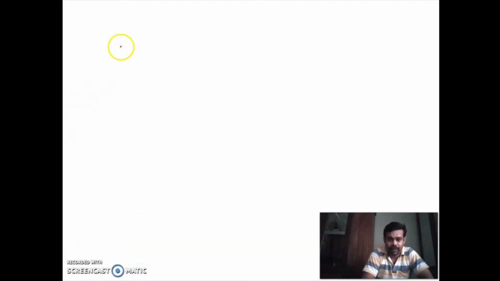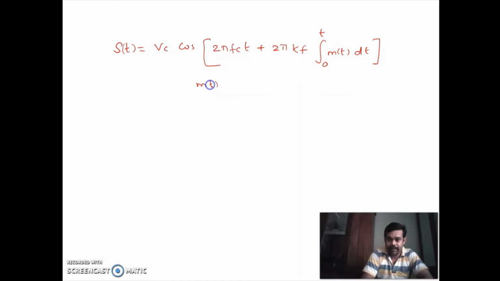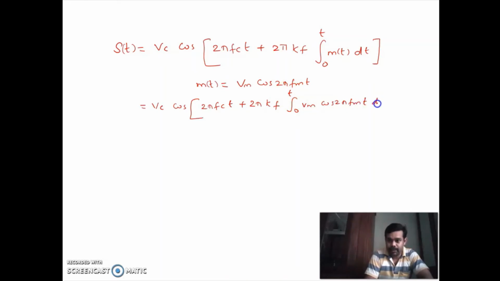Now the expression for the single tone FM is f of t equals Vc cos of 2 pi Fc t plus 2 pi kf integration 0 to t of m of t dt. The message signal m of t is equal to Vm cos 2 pi fm t. Substituting the message signal, Vc cos 2 pi fc t plus 2 pi kf integration of Vm cos 2 pi fm t dt.